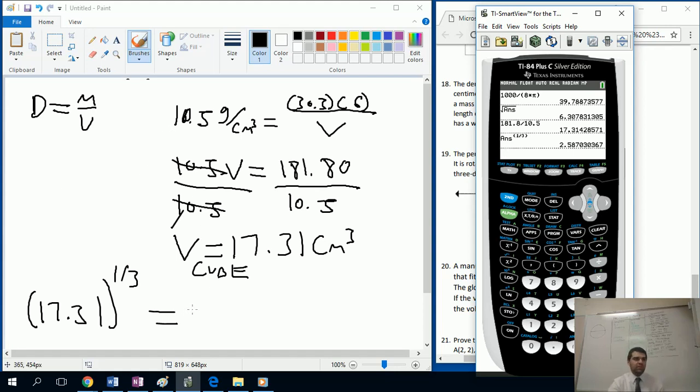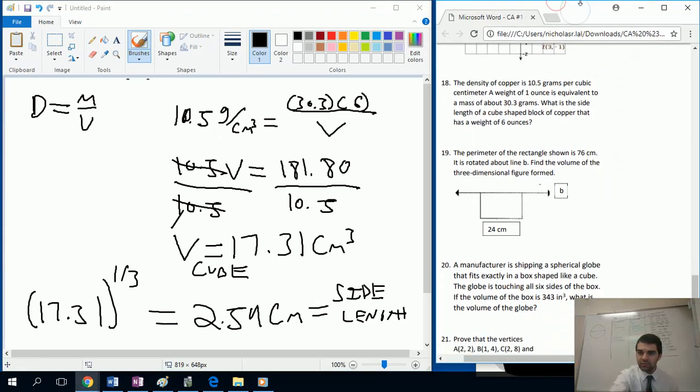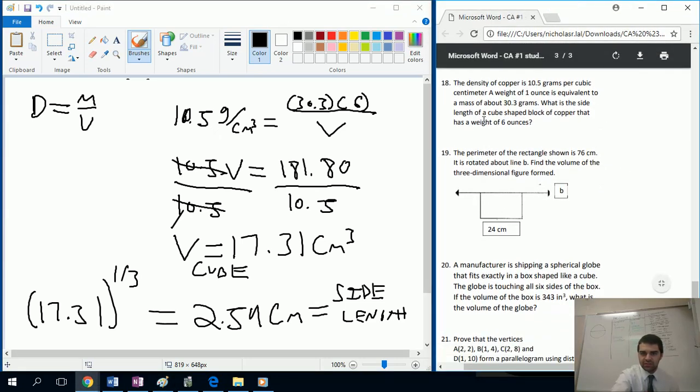So our answer is going to be 2.59 centimeters. That's going to be equal to the side length of the cube. That's 18.